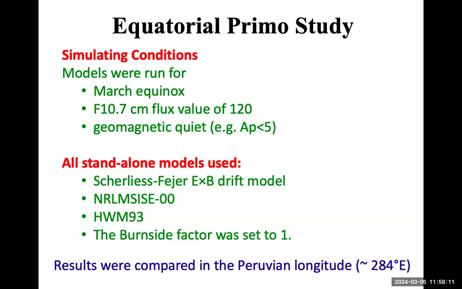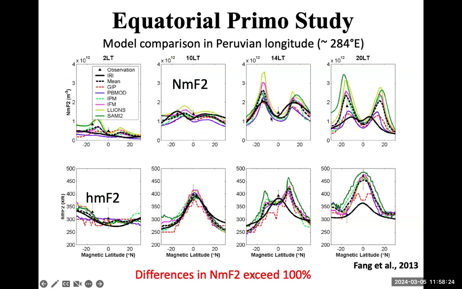A very controlled environment. Then the observations and the model results were compared in the Peruvian sector, simply because there are observations in this sector for comparison. Without looking into any detail here, you get the gist that there is a large variation, large differences in the model results.